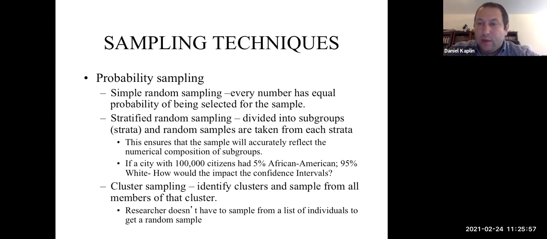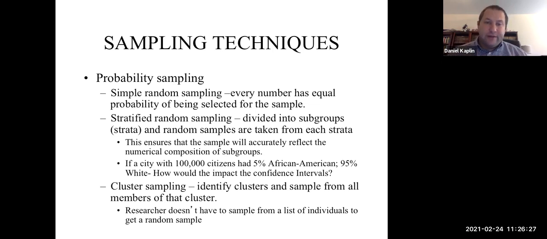So everyone has an equal likelihood of being selected. And I know how many names are in the hat. That's simple random sampling, right? To be clear, in simple random sampling, you know the probability of being selected. So let's say there are 30 students in a class. You would say 1 out of 30. Each person has one chance. So that's simple random sampling.